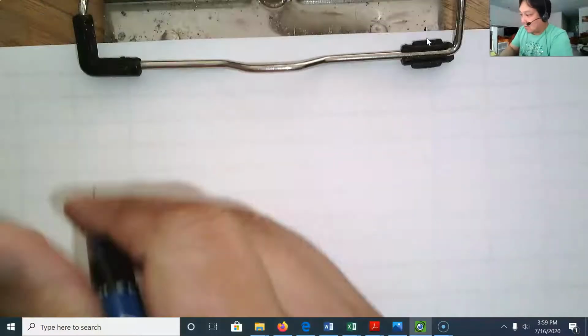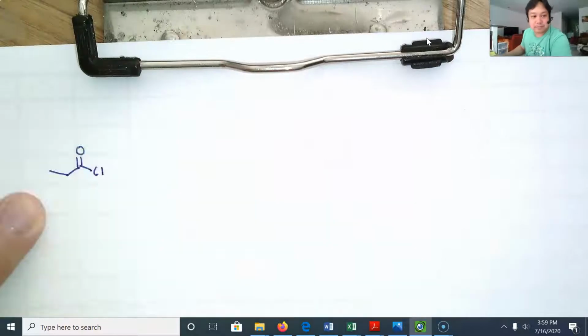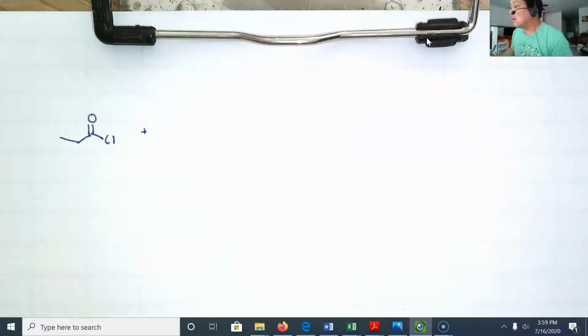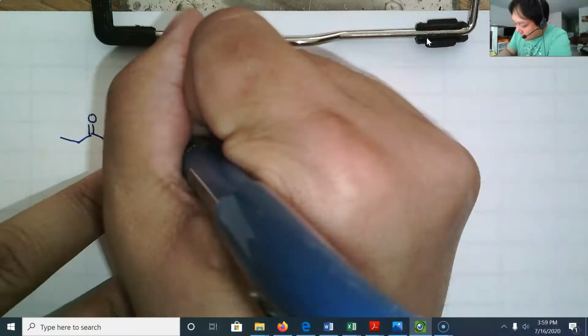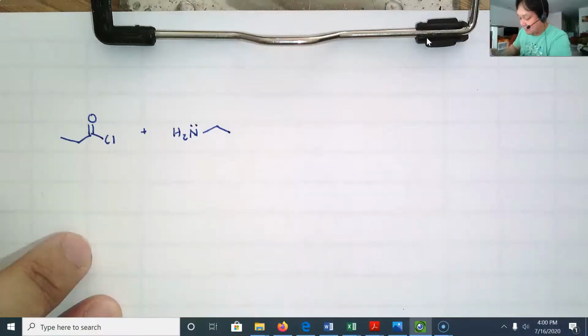Acid chlorides are very reactive. You don't have to do anything special like protonation to get it to react. The acid chloride I have is this. And the amine I have is this. Put your dot.